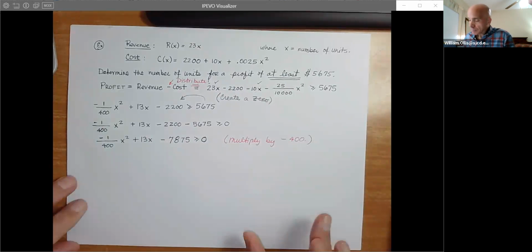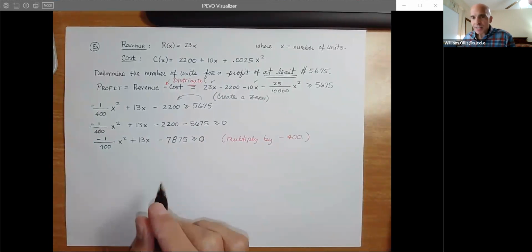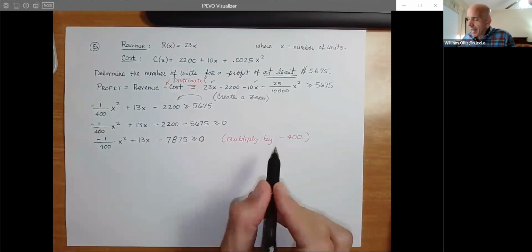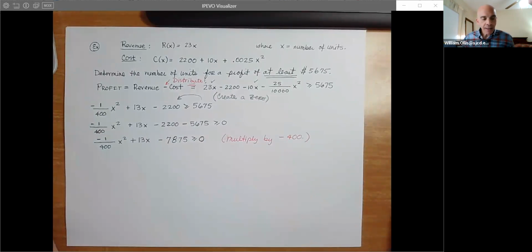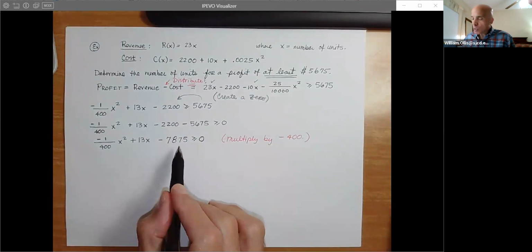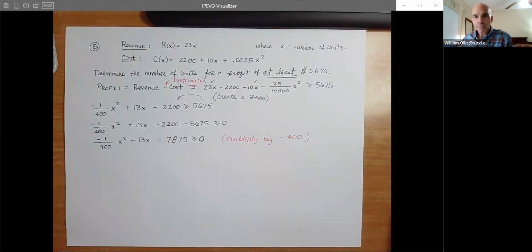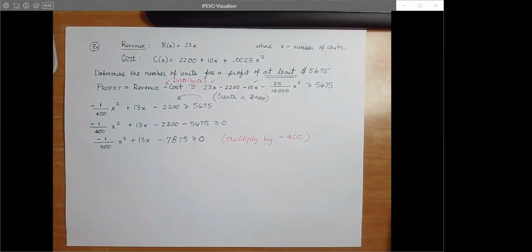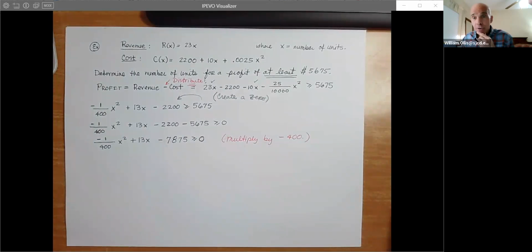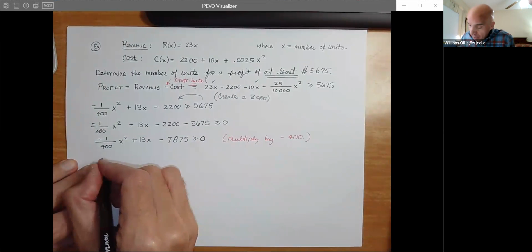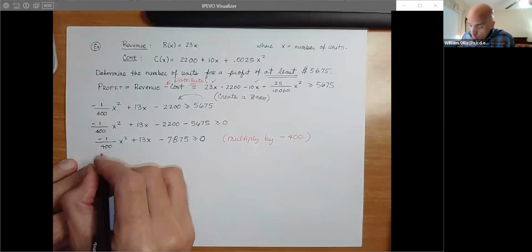Okay? Now when we do that, tell me something. What's going to happen when I multiply this particular inequality by the negative? What's going to happen to the inequality? Anybody? It's going to turn the other way. Absolutely. That's our theorem. So let's do it.